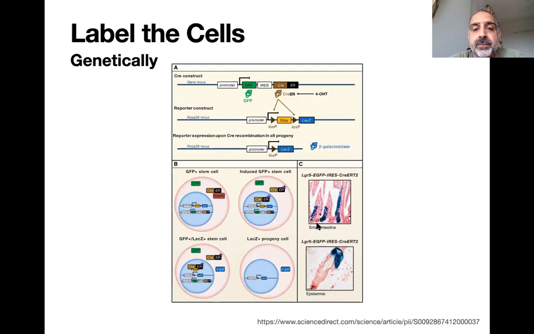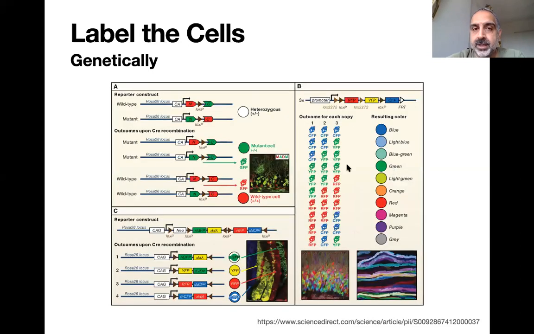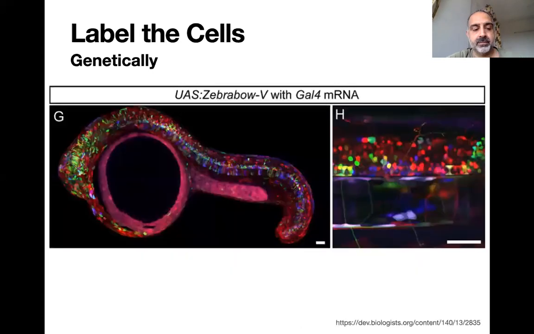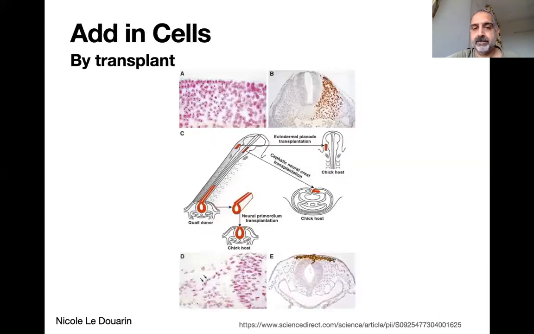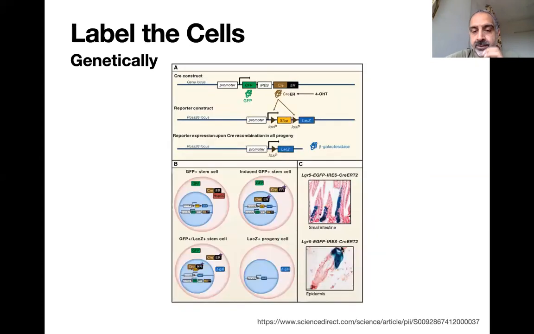Yeah. So we need the conditional system here because we know that Lgr5 is only expressed in intestinal stem cells, and intestinal stem cells are only found at the base of the villus here.